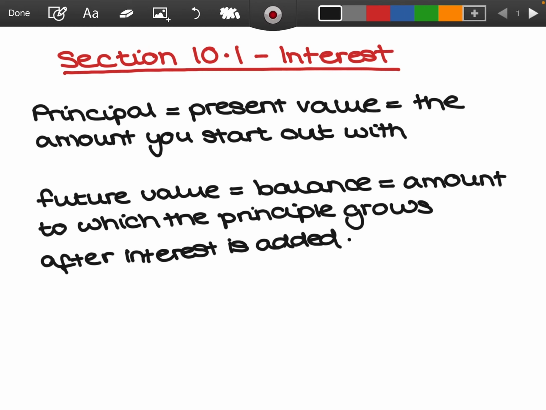Like I said, interest rates are usually stated as annual interest rates, but the interest has to be compounded. So it's going to be compounded a certain number of times, normally per year. You tend to find 1, 3, 4, or 12 times a year. But whenever you get an interest rate, it's always the annual interest rate.